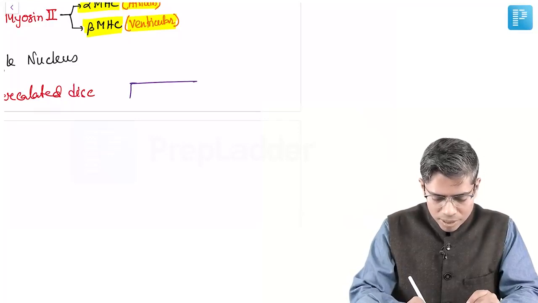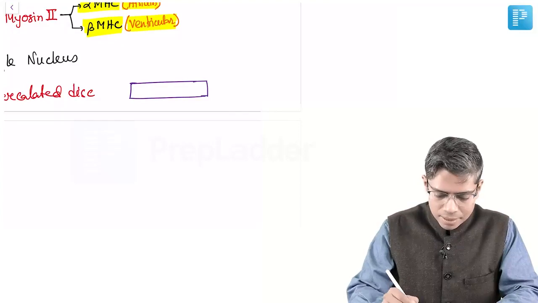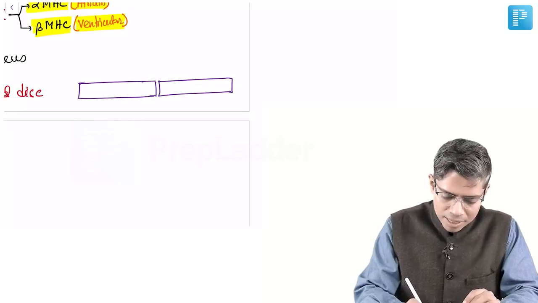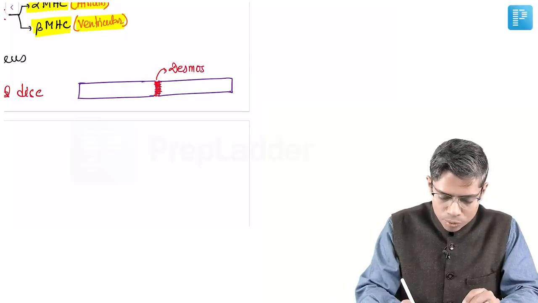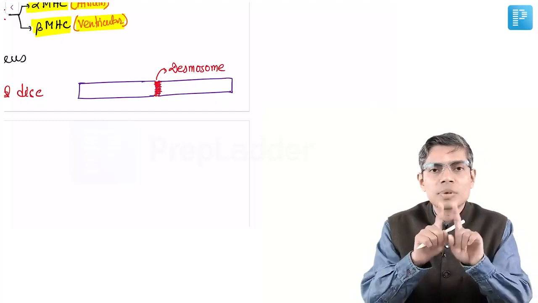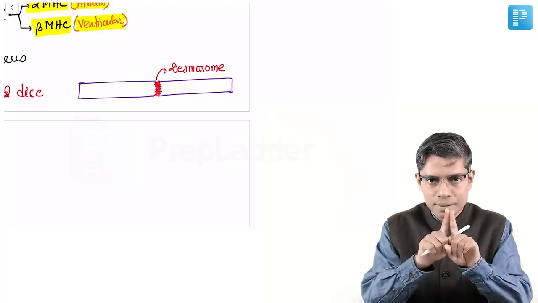Suppose this is one myocardium cell, right, and this is another myocardium cell. These two myocardium cells remain connected with one another with the help of a protein structure, that is desmosome. So I can understand that the desmosome is connecting the plasma membranes of two myocardium cells.